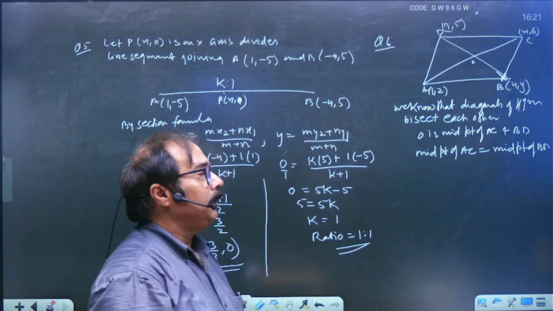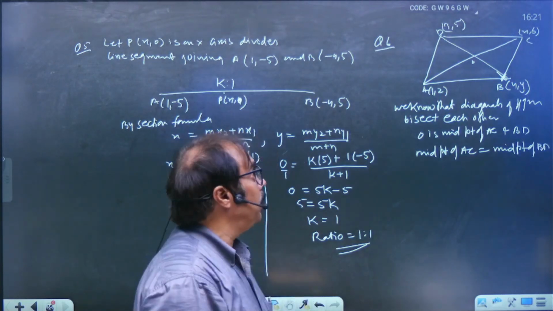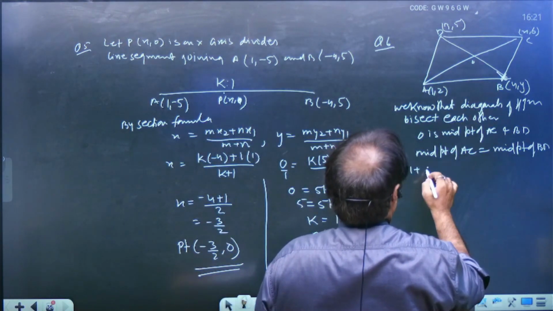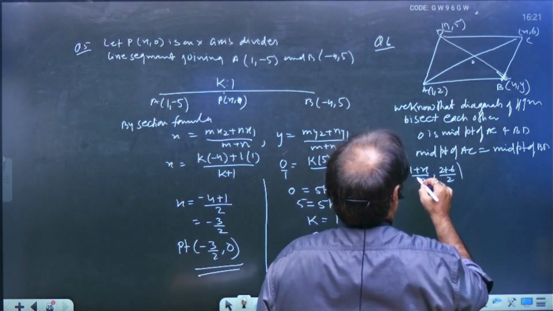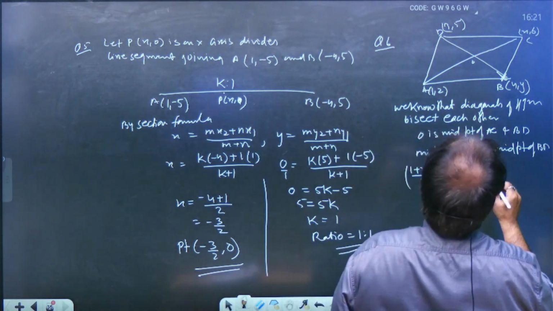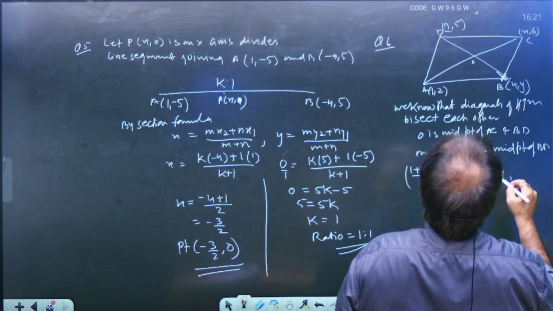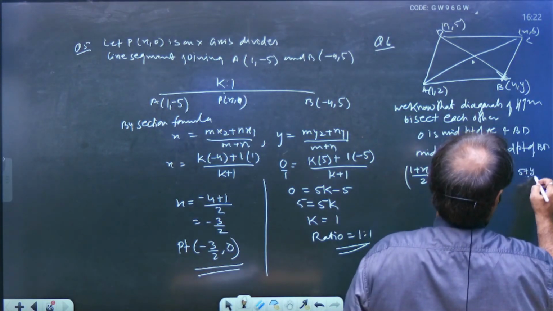Now apply the midpoint formula, (x1 plus x2) by 2 and (y1 plus y2) by 2. So for the diagonal AC it will be (1 plus x) by 2 and (2 plus 6) by 2, and for the diagonal BD this will be (3 plus 4) by 2 and (5 plus y) by 2.